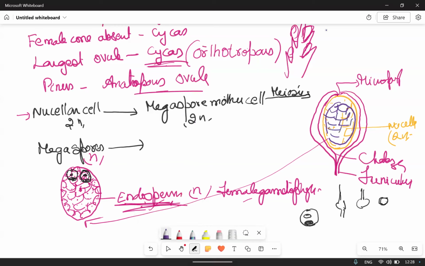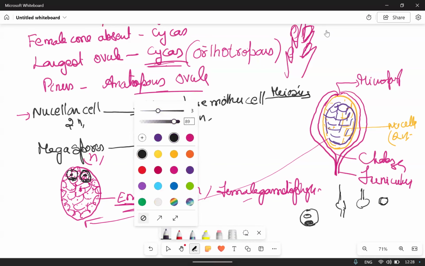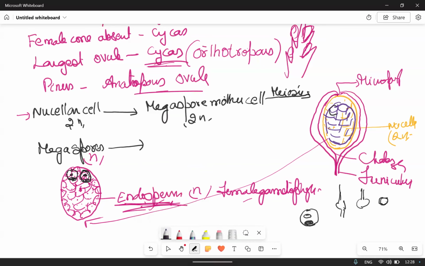Haploid female gametophyte with archegonia. Archegonia having only venter. Venter is having egg and ventral canal cell. Okay, so this is the archegonial chamber.